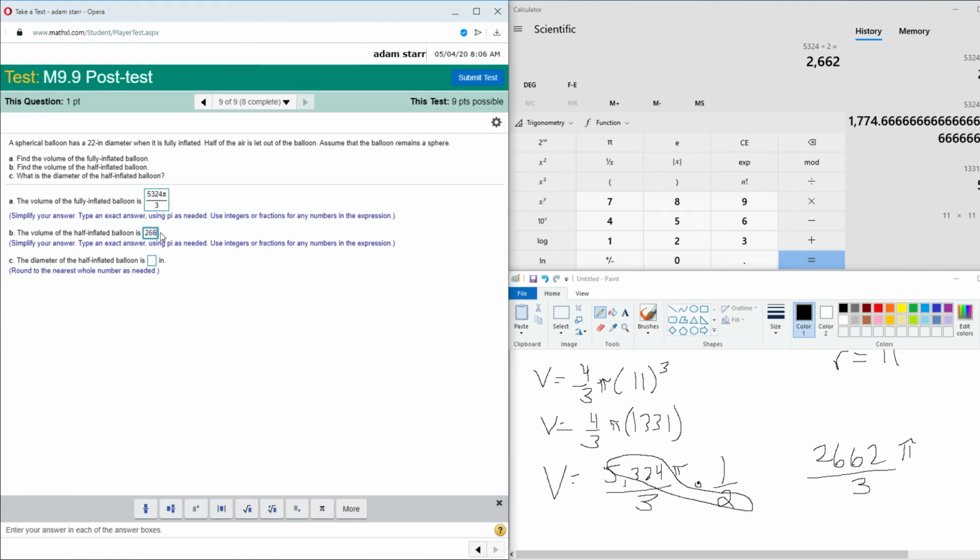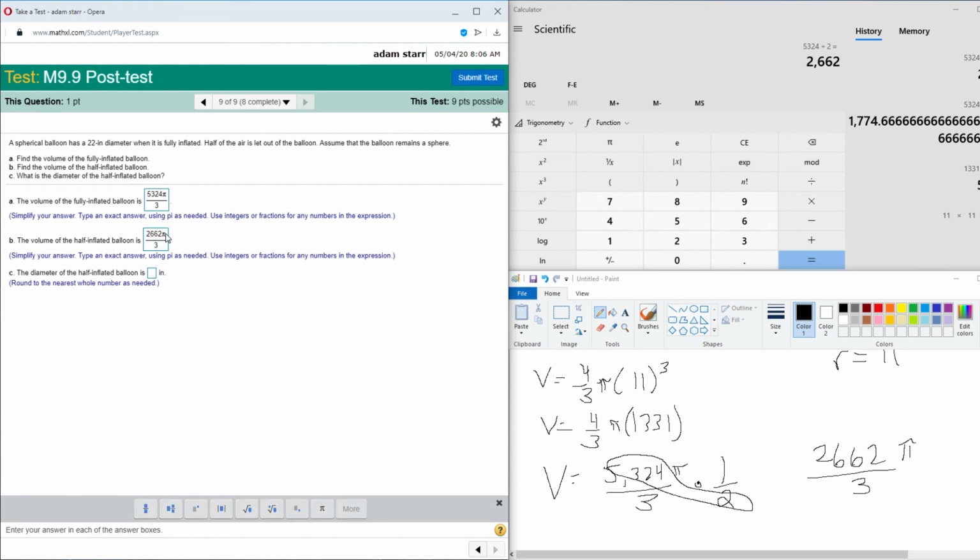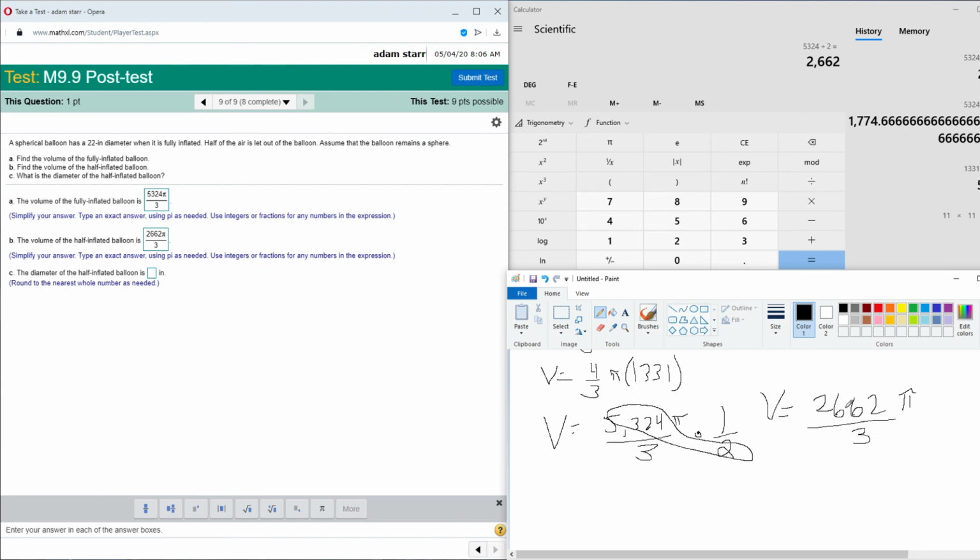So 2,662 pi divided by 3 is half the volume. And now it wants to know the diameter of the balloon when it's half inflated, which means this is my new volume. So now I need to find the radius to be able to find the diameter.